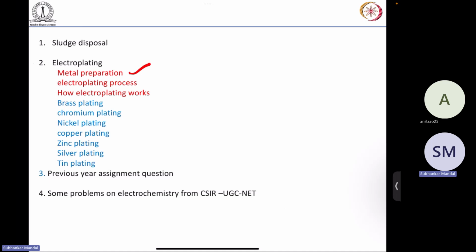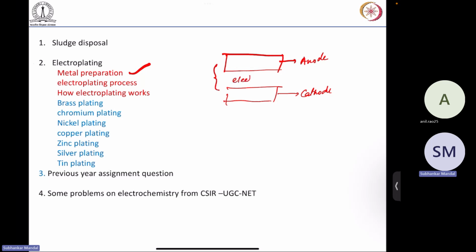Basically during electroplating you have one anode, this is suppose anode, and this is suppose cathode, which are separated by the electrolyte.